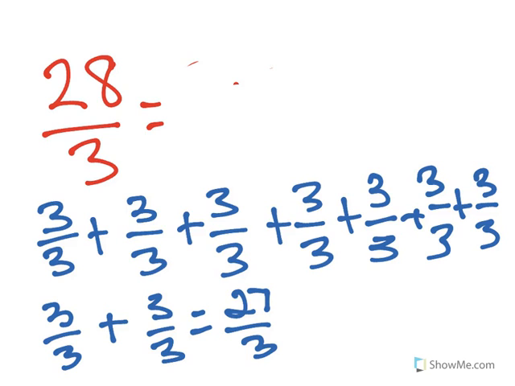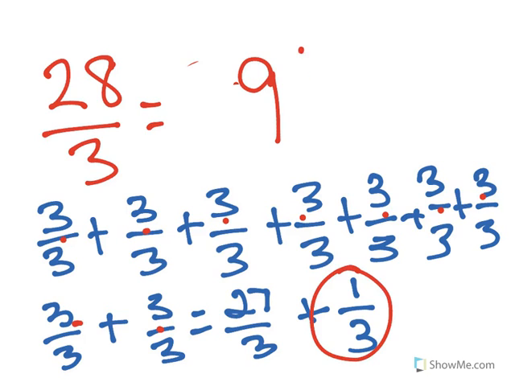How many more thirds do I need to get to 28? That would be plus 1/3. I can go back and assign ones to all of these 3/3, so I have 1, 2, 3, 4, 5, 6, 7, 8, 9, 9, and 1/3 is my decomposed fraction.